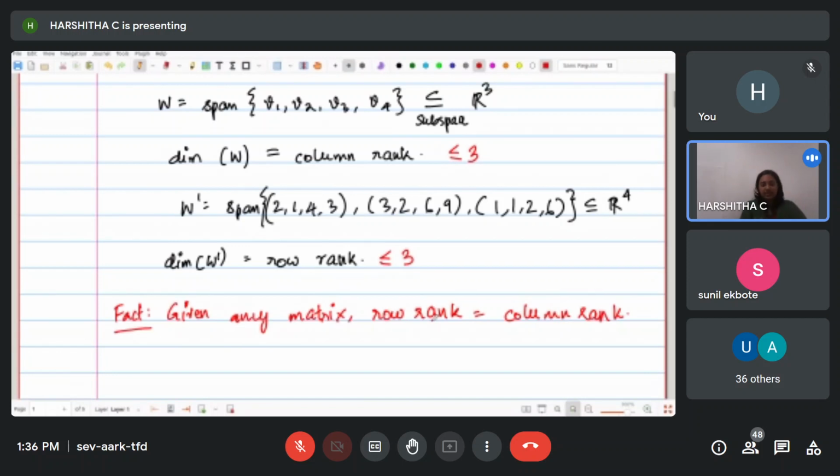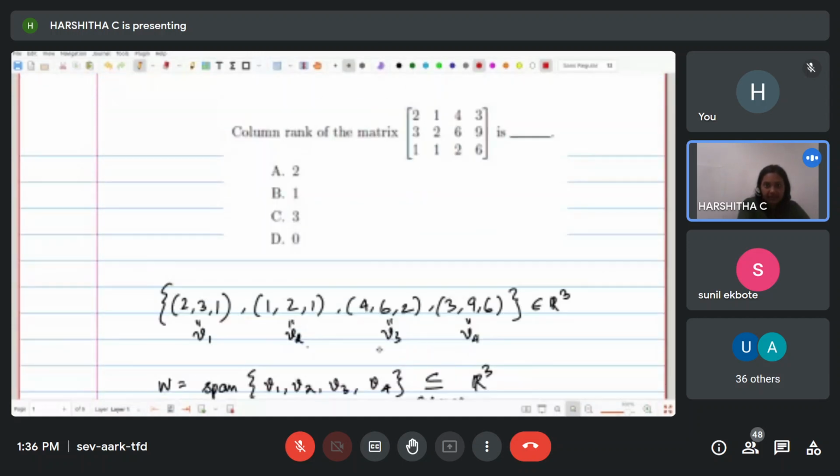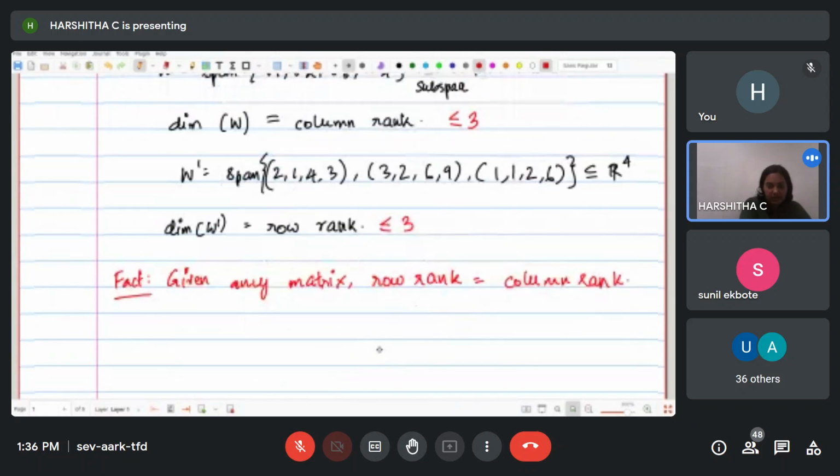And probably you would have seen another definition of the rank of a matrix, which is the smallest r such that there is an r cross r minor which is non-zero. You can look at the lecture notes. That is also an equivalent definition; all these three numbers turn out to be the same.